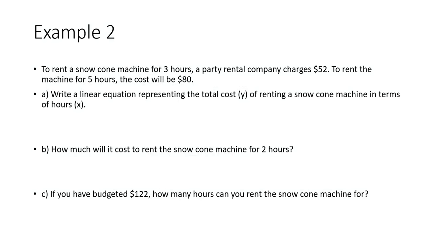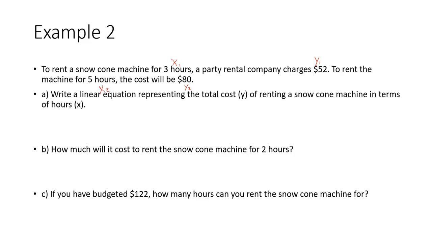So now we want to write a linear equation in terms of y and x just like before, except we have to find the slope and the y-intercept. We have 2 points. At 3 hours, it costs $52. At 5 hours, it costs $80.